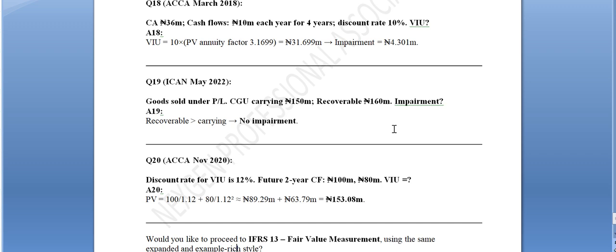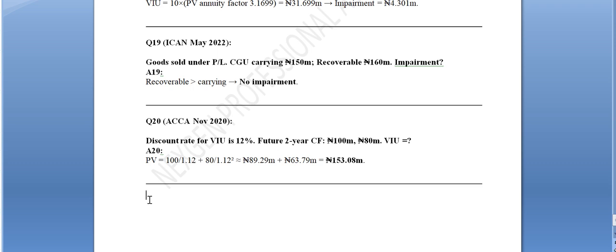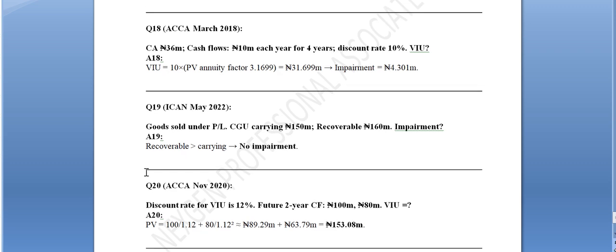So what is the value in use? 450. We've not calculated value in use because it's given for 5 years.